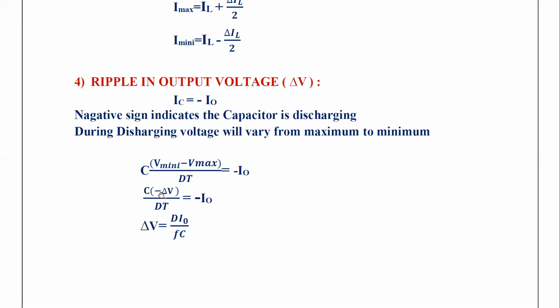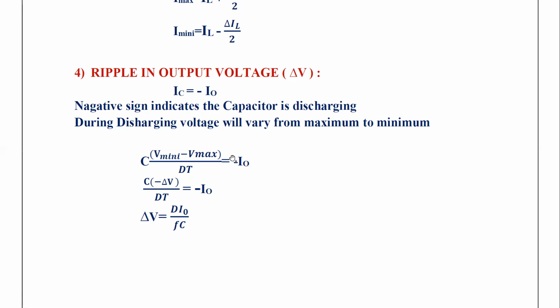That is the reason why I can write minus delta V divided by dt into C is equal to minus I naught. So this minus sign gets cancelled out, and if you calculate delta V, this will become D into I naught divided by F into C. So this is the ripple in the output voltage, delta V.